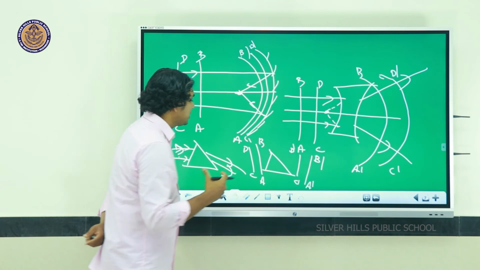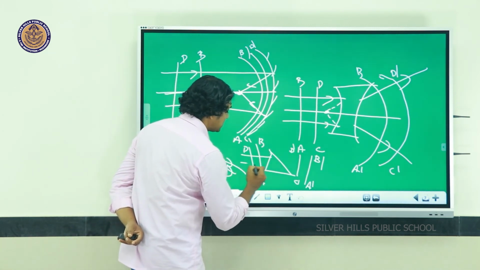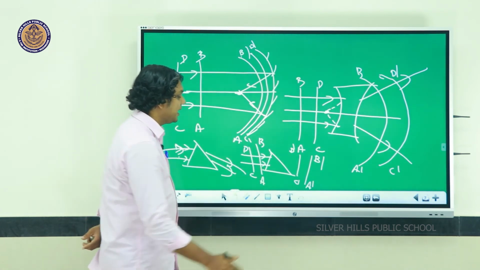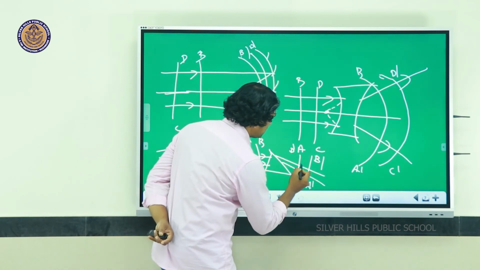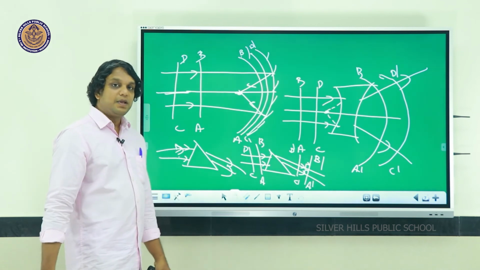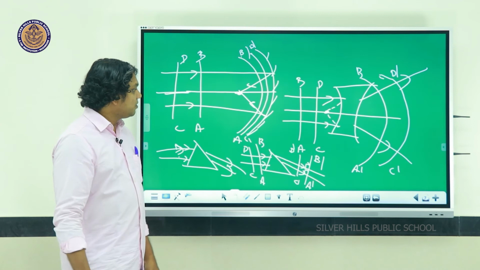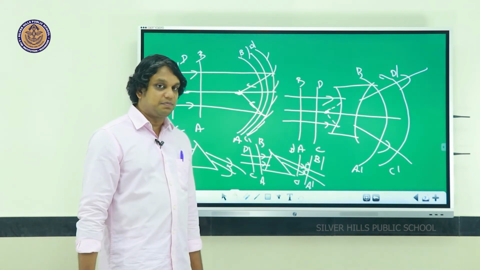If you draw the rays, it will be like this. Rays are perpendicular to the wavefront, and here also the rays you draw are perpendicular to the wavefront. So, in this way we will be able to predict the shape of a refracted wavefront, or sometimes a reflected wavefront, using Huygens principle.